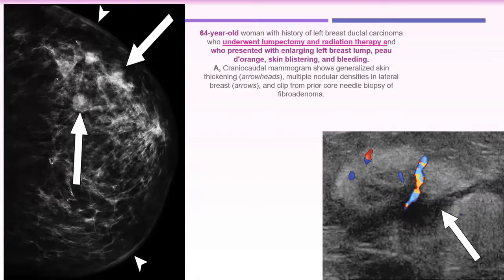Medina, where are you? The ultrasound shows a heterogeneous mass with central cystic changes, predominantly what?